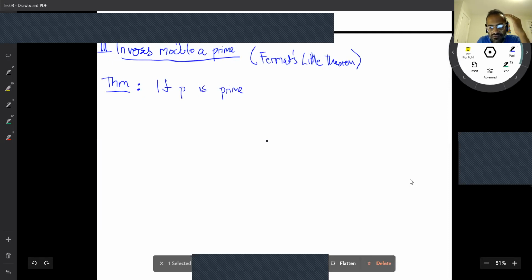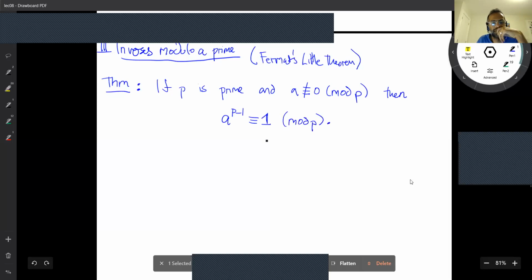and A is some integer that's not congruent to 0 mod P, same conditions as in the previous definition of an inverse, then A to the P minus 1 is congruent to 1 modulo P. Now, what does this have to do with inversion?